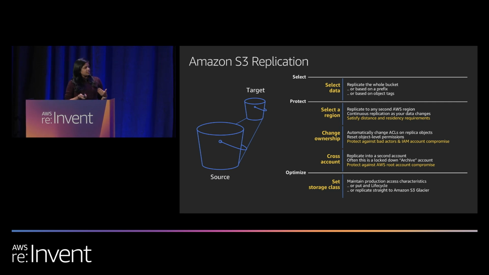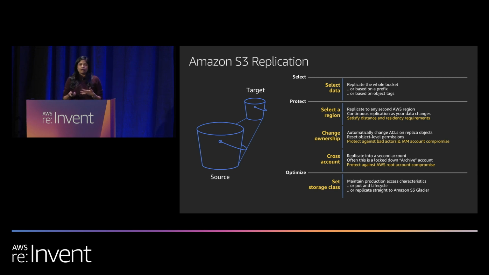Once you have selected your source data set, you can choose a destination bucket in a region of your choice. You can make the replicated data more secure by using ownership overrides for your replica copies, or using cross-account replication so that no single user or account can accidentally or maliciously delete all the copies of your data.